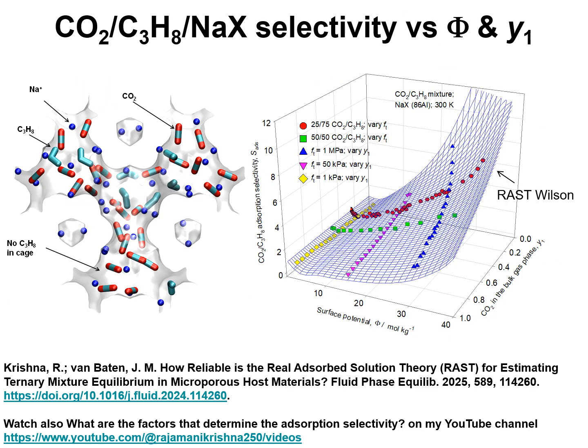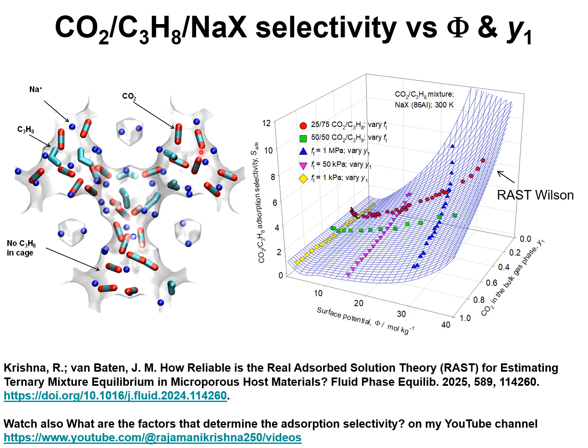For CO2 capture with NaX zeolite, we have deviations from the ideal adsorbed solution theory because carbon dioxide preferentially congregates on the extra framework sodium cations.